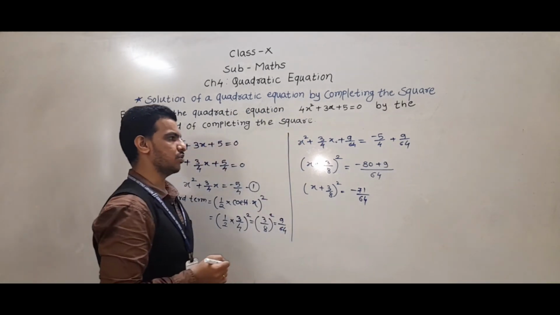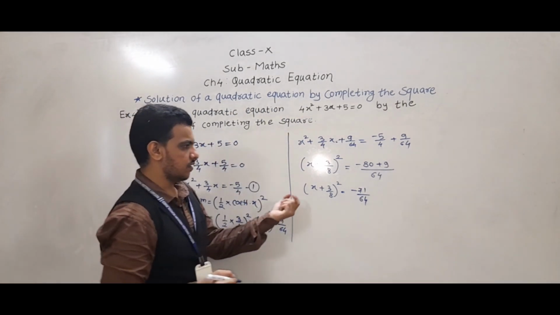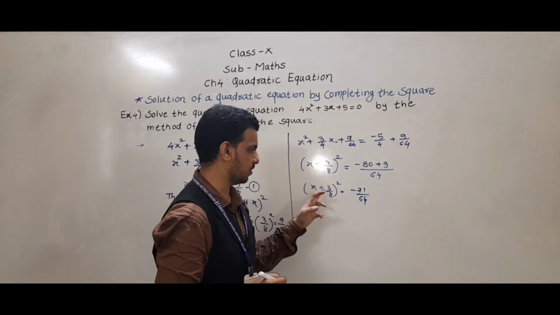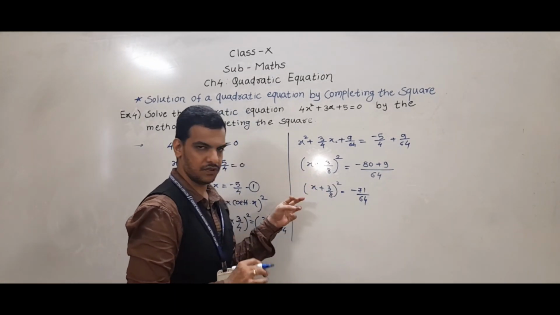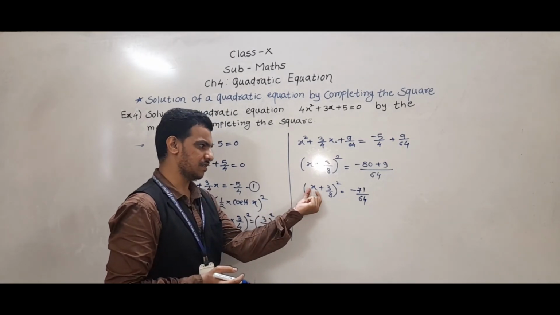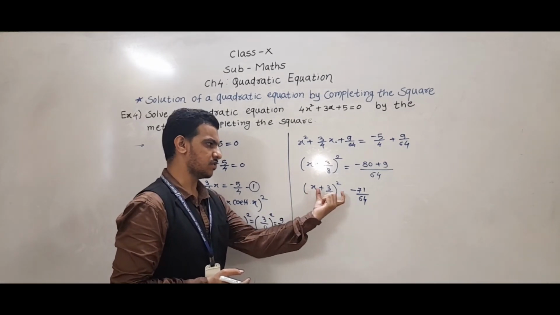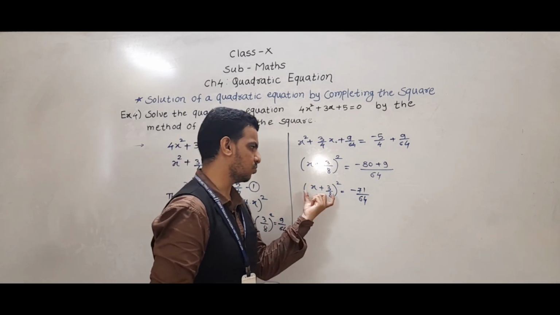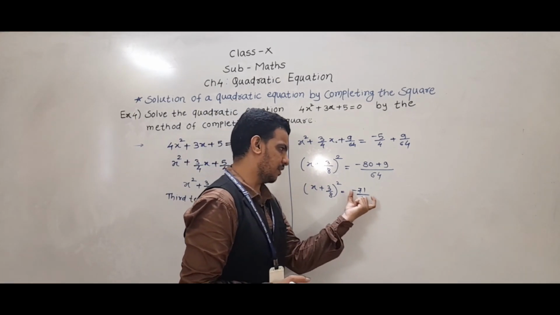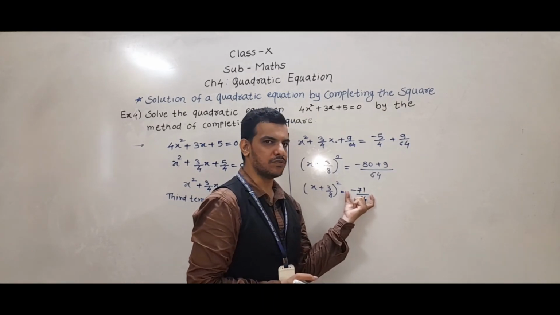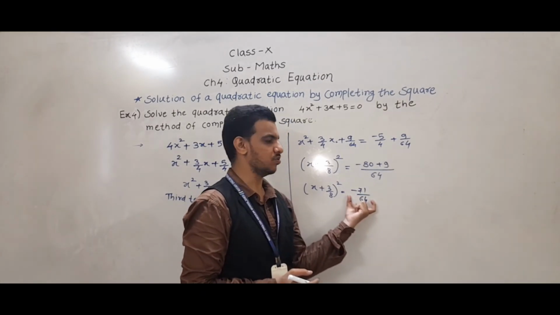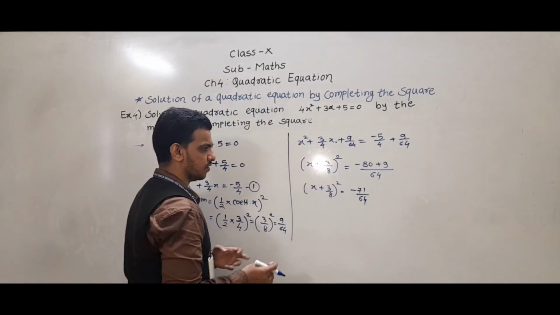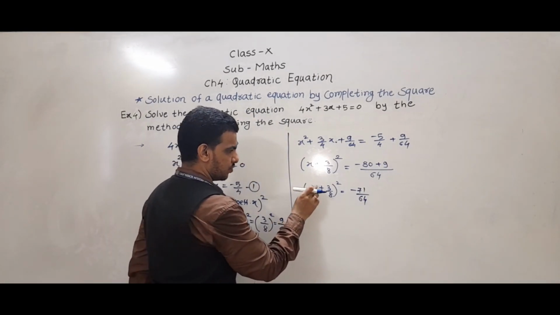Okay, now you can observe here x plus 3 by 8 squared is always a positive number. Whatever value we take for x, x plus 3 by 8 squared is always positive, but here we got a negative number, meaning the RHS is negative: minus 71 by 64. Okay, but this is not possible. Why is it not possible?